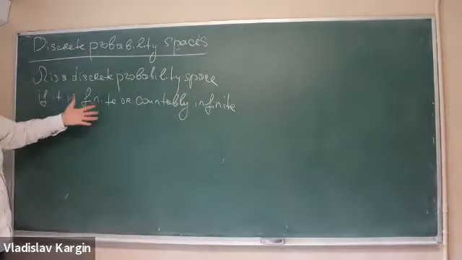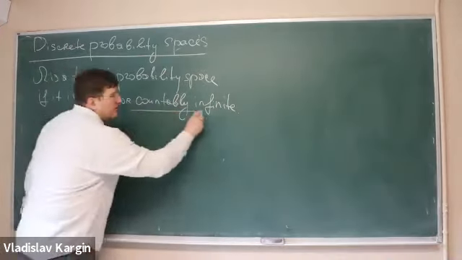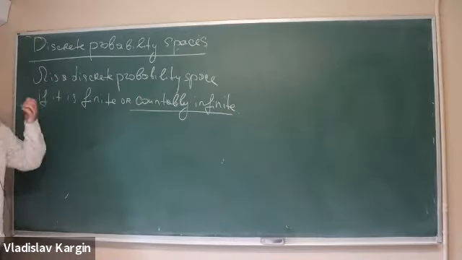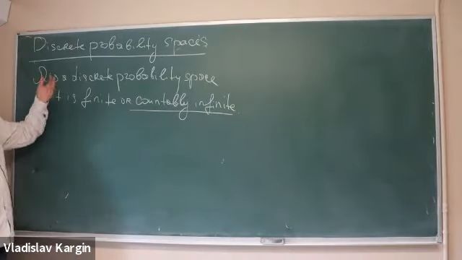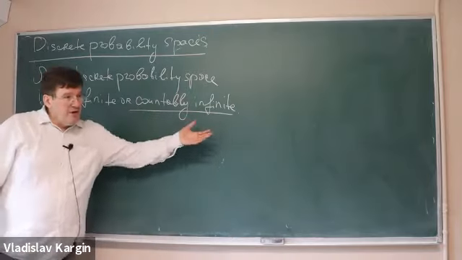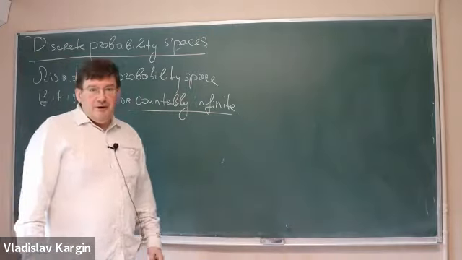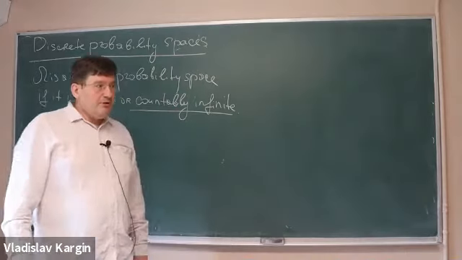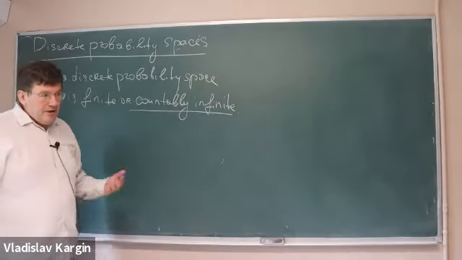So finite is clear, right? Finite means that it has some specific number of elements, and countably infinite means that it has an infinite number of outcomes, but we can count them.